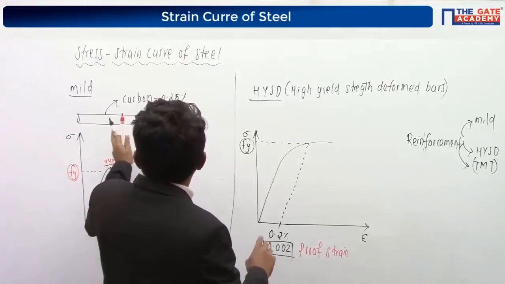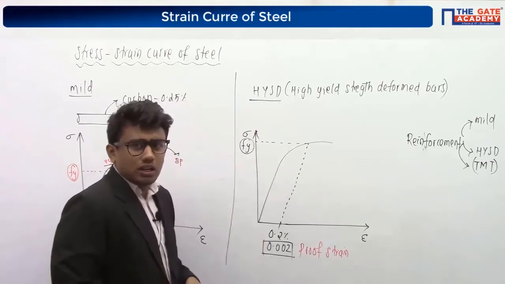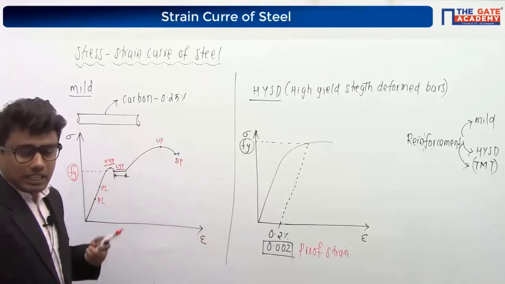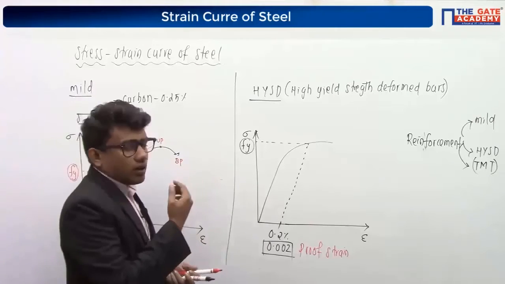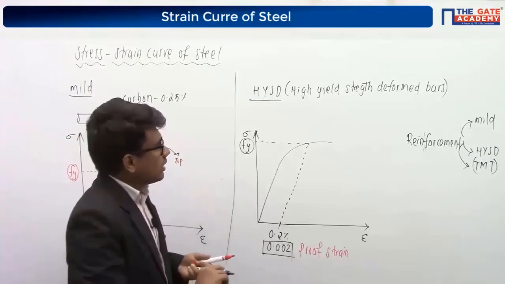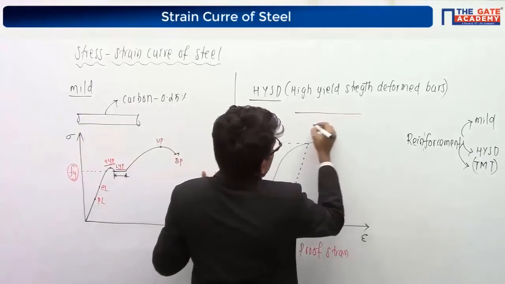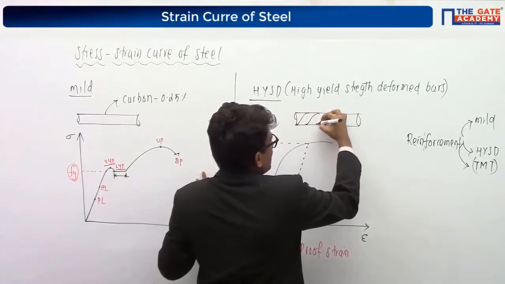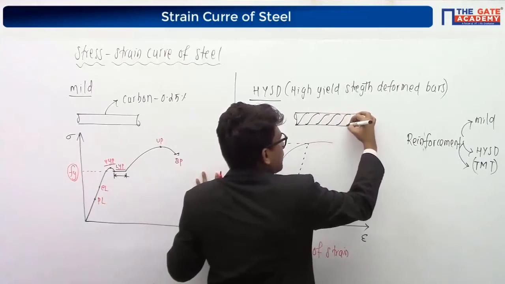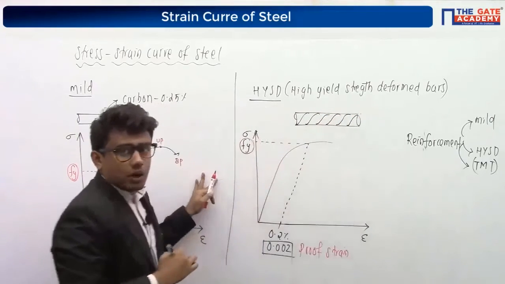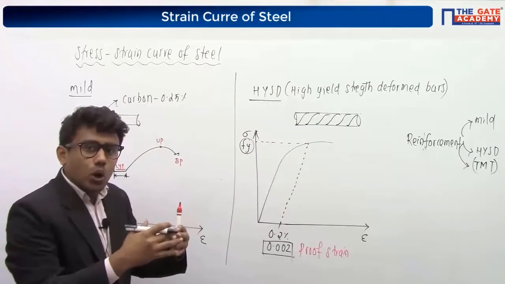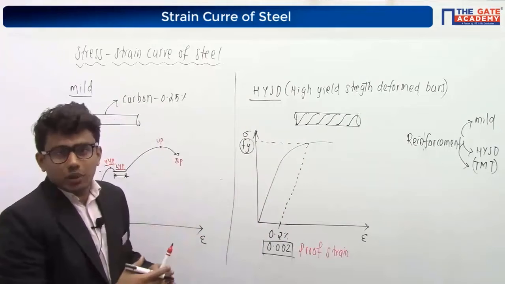And what is the difference between this mild steel bar and HYSD steel bar? Here the carbon content is less, strength will be less, ductility will be more. Coming to our HYSD steel bars, we will be having the bar like this, but corrugations or deformations, these kind of corrugations are present in our HYSD bar, which will improve the bond between the concrete and the steel bars, right?